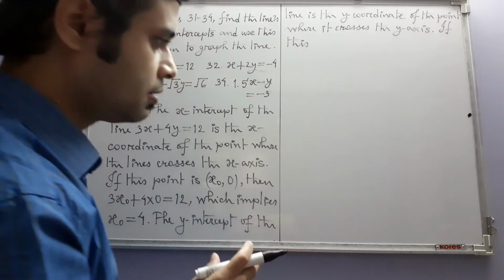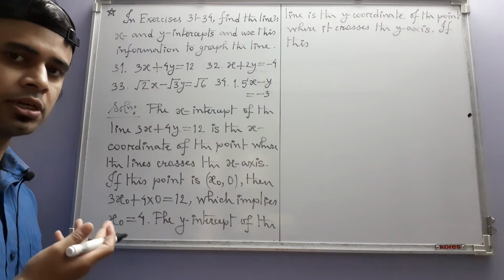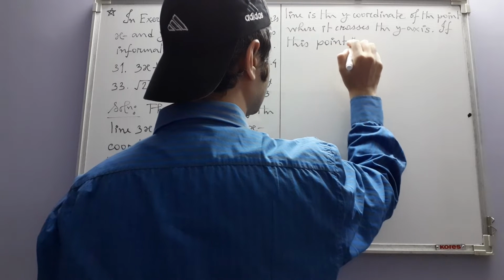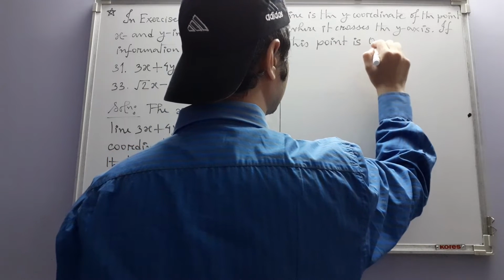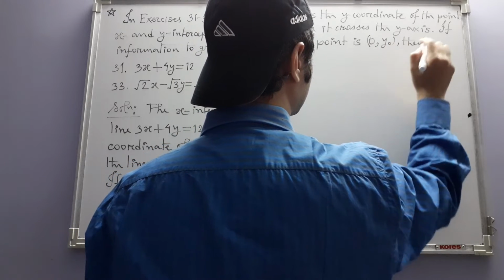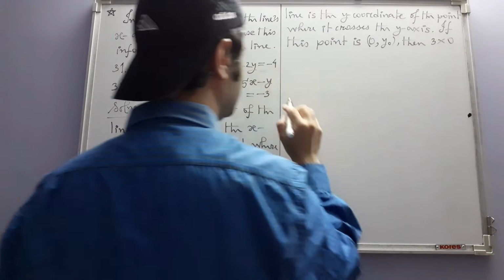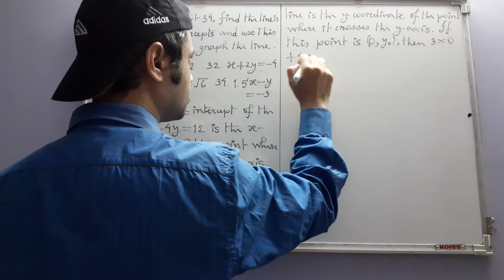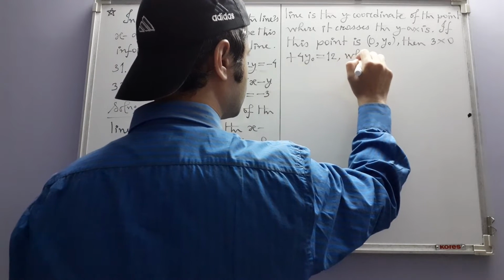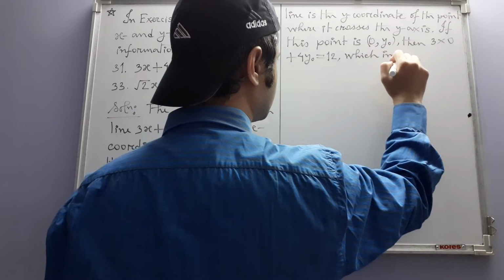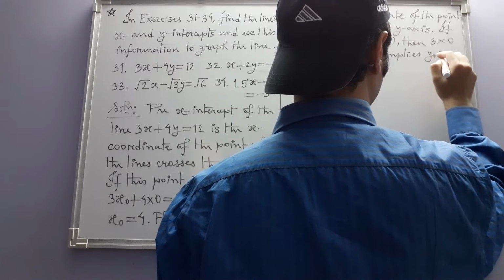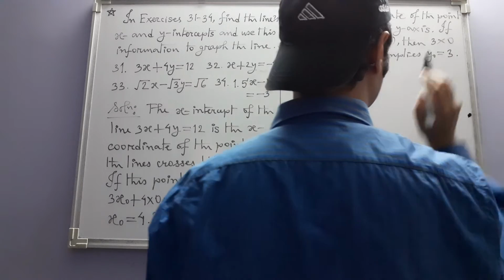On the y-axis, any point will have its x coordinate equal to 0. So if this point is (0, y0), then 3 times 0 + 4y0 = 12, which implies y0 is equal to 3.